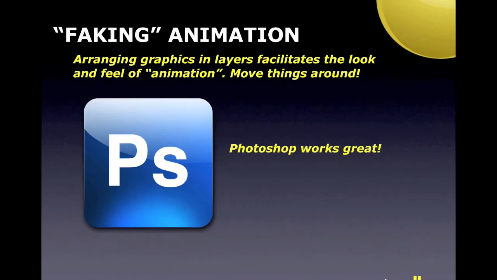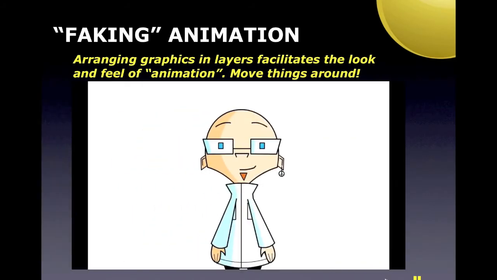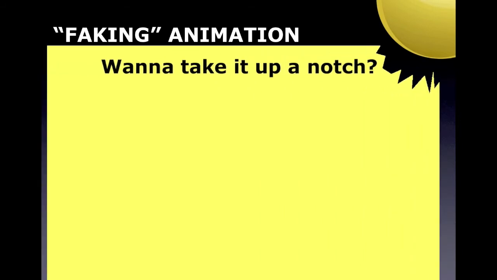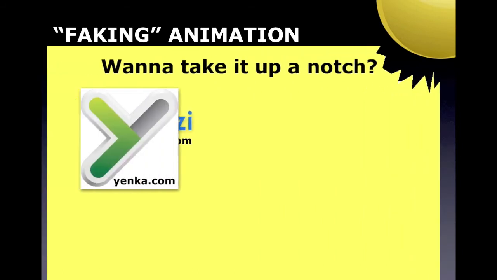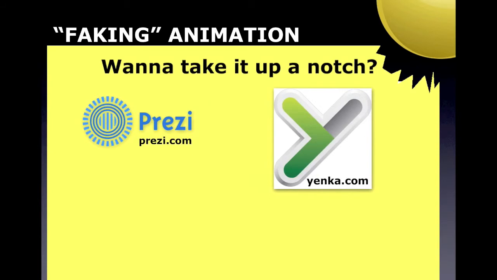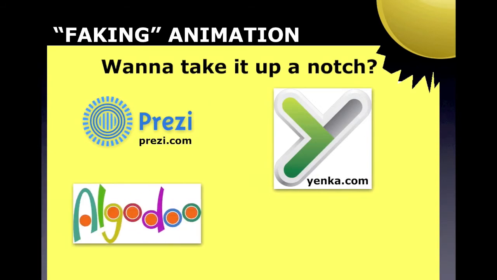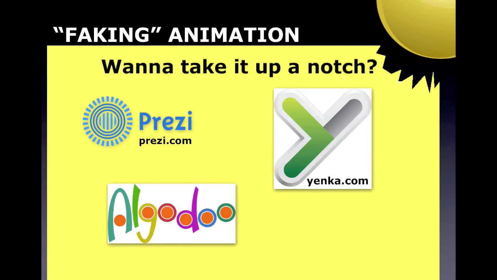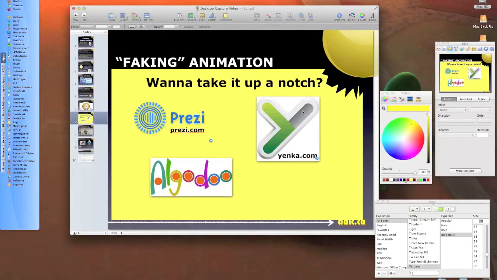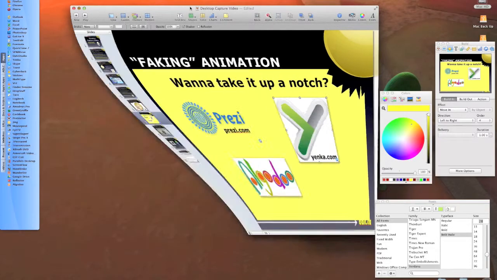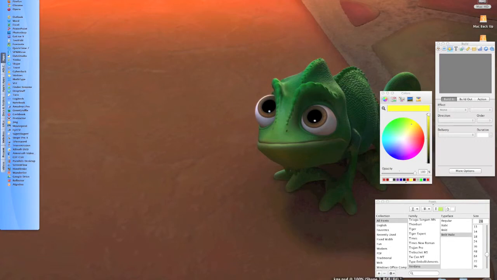Now, there are some neat ways you can take it up a notch. If you want to go beyond and make things a little bit more fancy, you can look at things like Prezi, or if you're a math or science geek, you can look at stuff like Yanka and Algodoo. Now, how can something like Prezi help you do some animation?